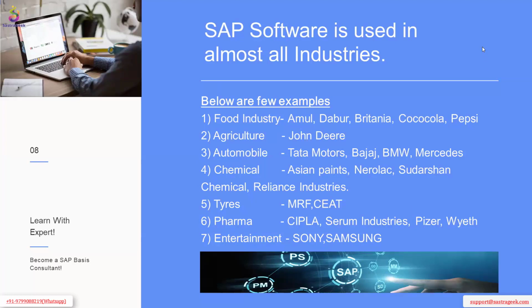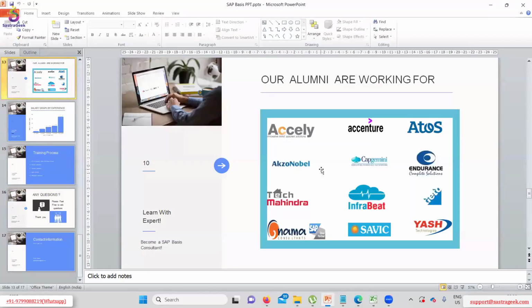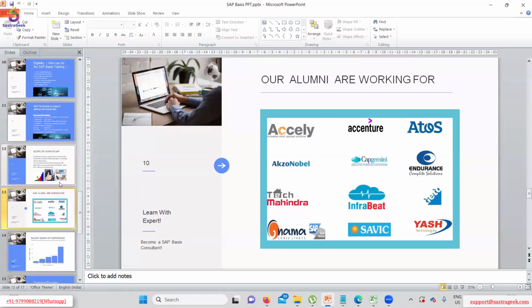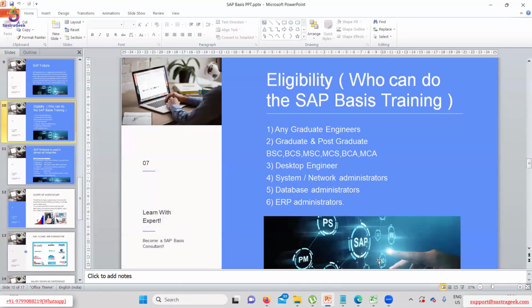So I will just open the second slide now. Now, who can do this SAP course? What will be the eligibility, we can say? The eligibility for this is any graduate engineer.